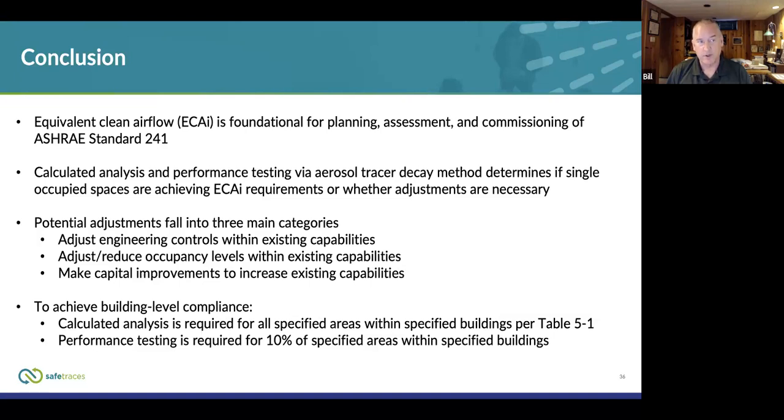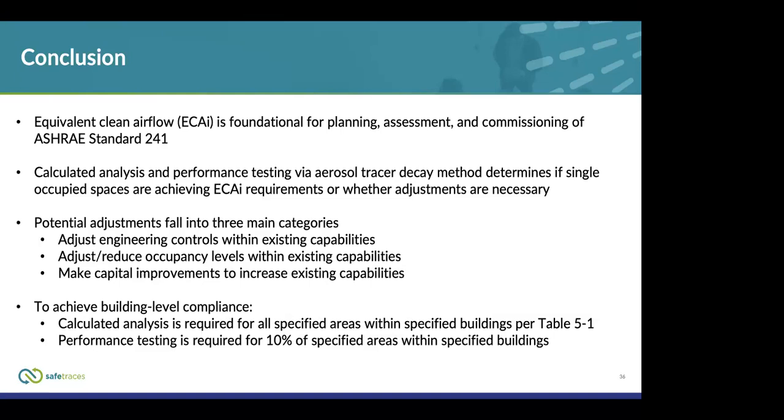ASHRAE 185.1 is currently specified. 185.3 will be specified as soon as it's actually published, which is a chamber test, and then AHAM AC1 and 5 are referenced. So we're diligently trying to pull together procedures that will allow you to answer these questions for any technology.